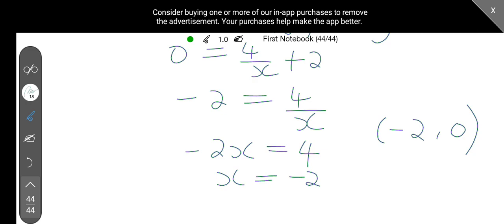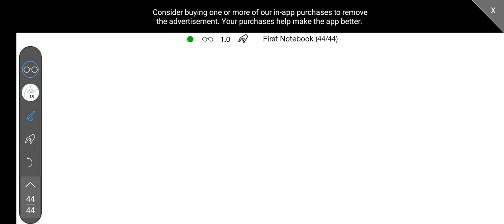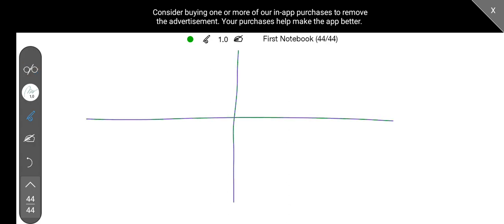So what we have here is the x-intercept, and we have q, the asymptote. q is equal to positive 2, as given. So we're going to go ahead and draw our graph. We must first draw the system of axes. Make sure you draw this using a ruler. And here we're going to have 1, 2, 3.